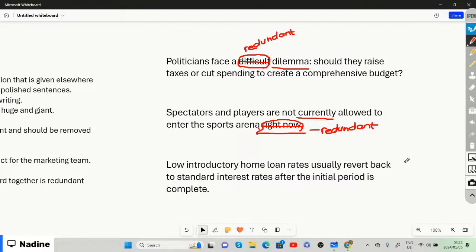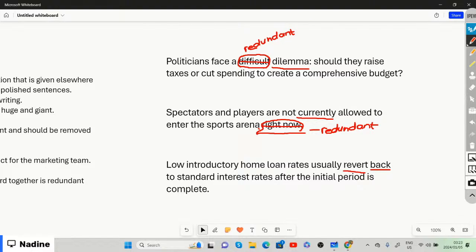And if we look at these two words, revert and back, right? The words revert and back mean almost the same thing. Because revert is like saying it is returning back to something. It's like returning to your previous state, for example.